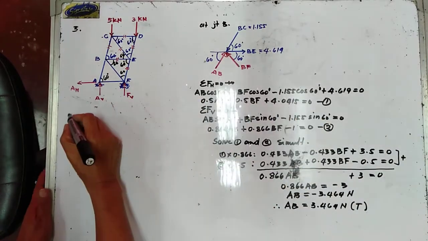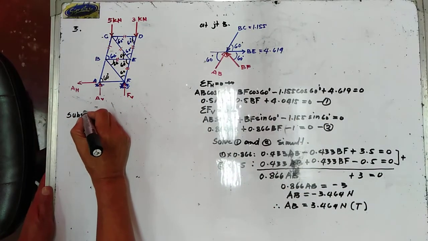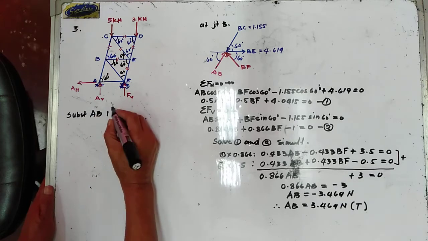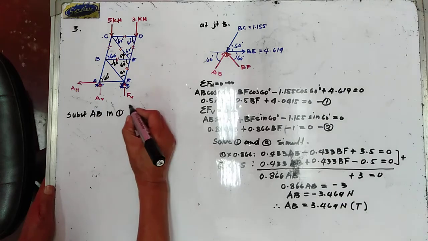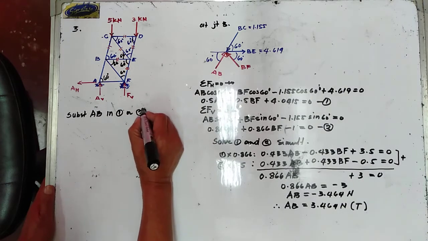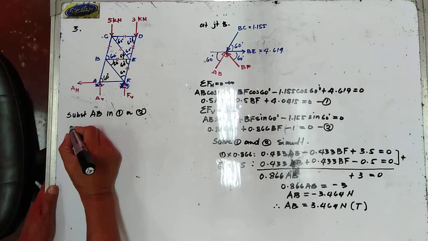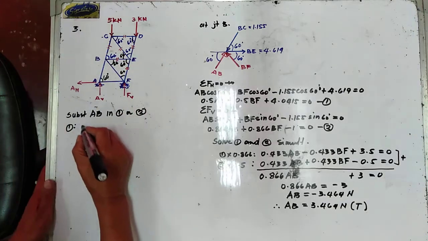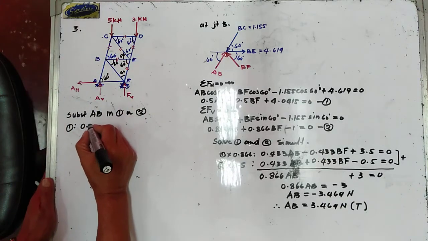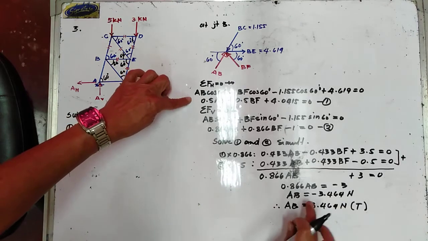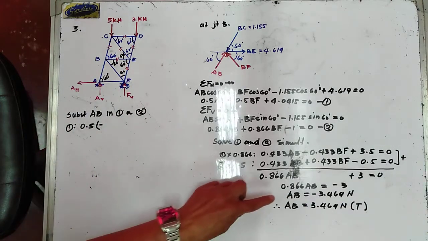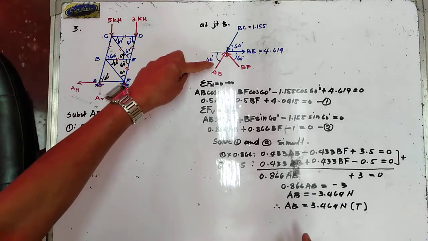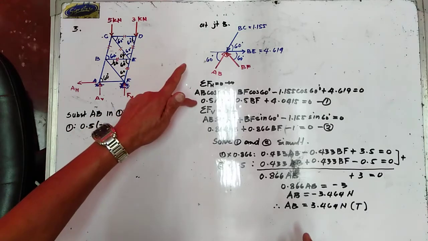Let us substitute AB in either equation 1 or equation 2. From equation 1, we have 0.5 and the value of AB is negative, so we get the negative sign here because that is our assumption in this equation.